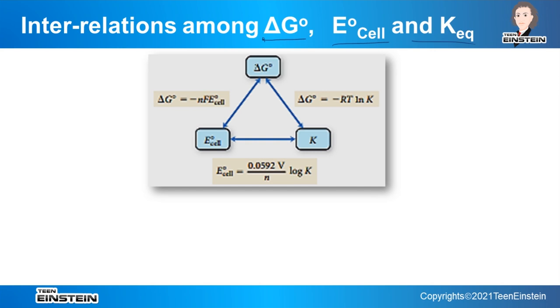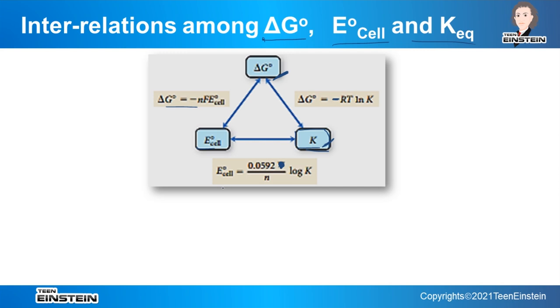Put these in this triangle, these 3 points. The relationship between ΔG° and K is ΔG° equal to minus RT ln K, which we can get from thermodynamics. And the relationship between ΔG° and E°cell is minus nFE°cell.